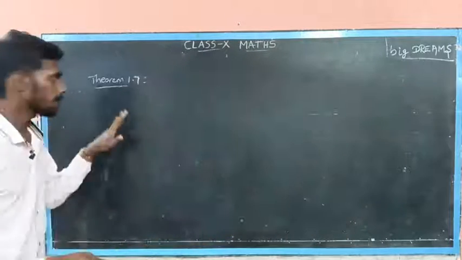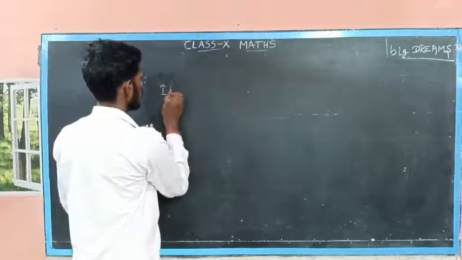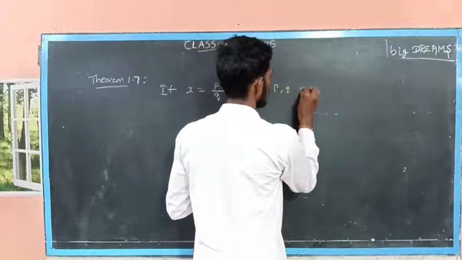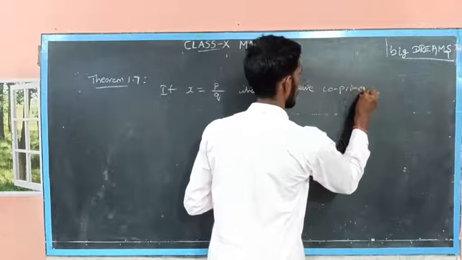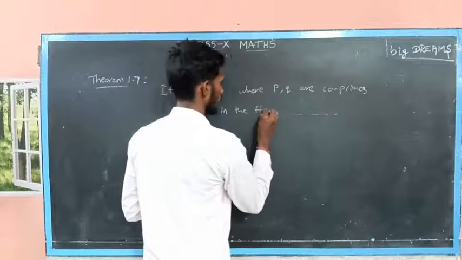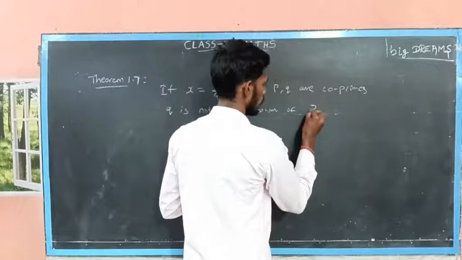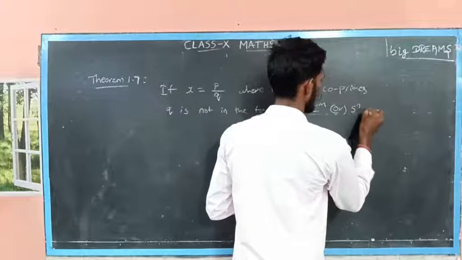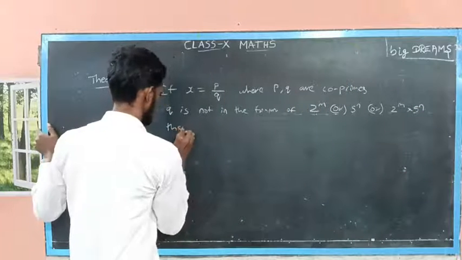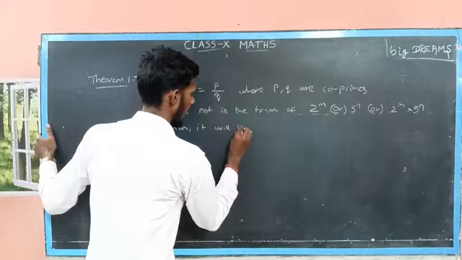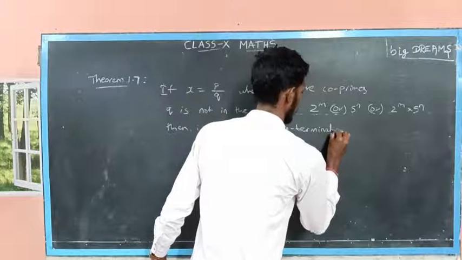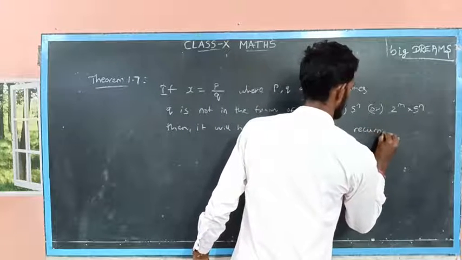Then the last theorem, theorem 1.7, states that if x is in the form p by q where p and q are co-primes and q is not in the form of either 2 power m or 5 power n or 2 power m into 5 power n, then it will have a non-terminating recurring decimal.